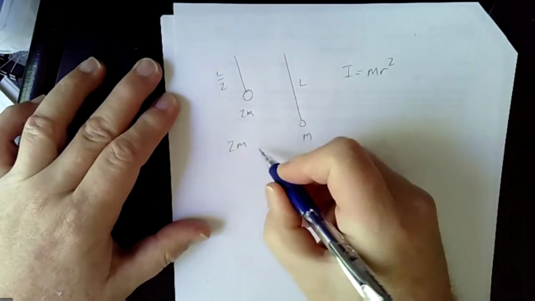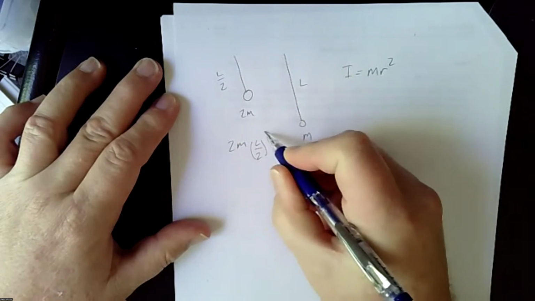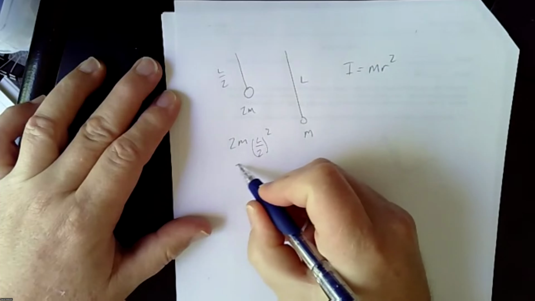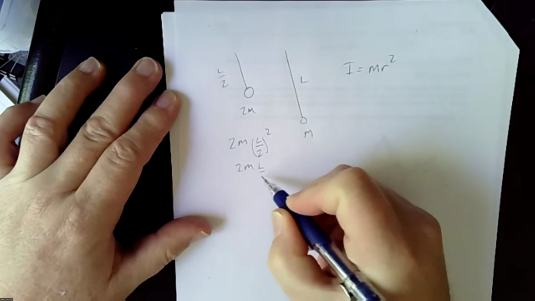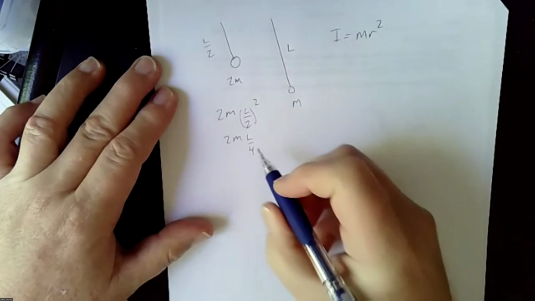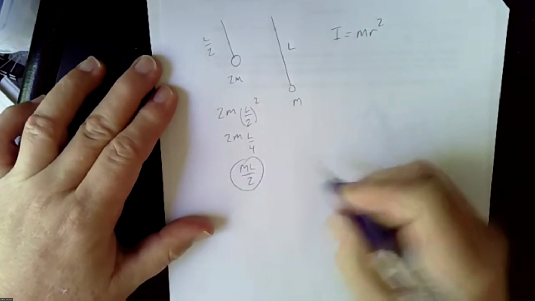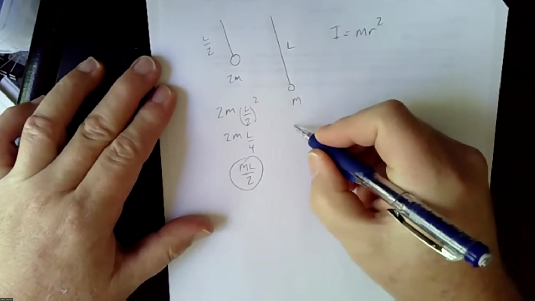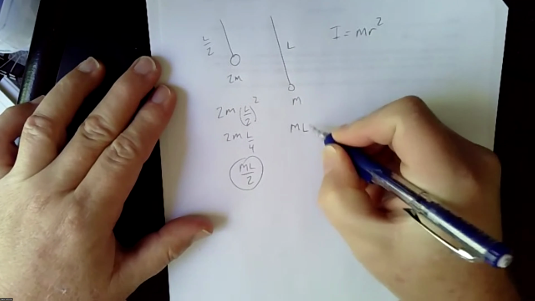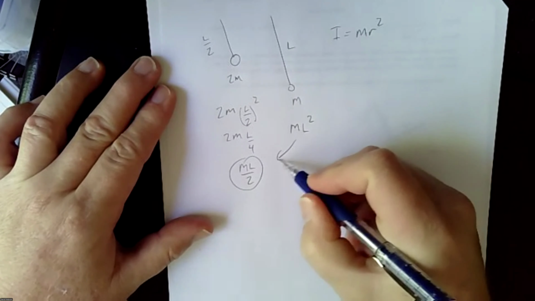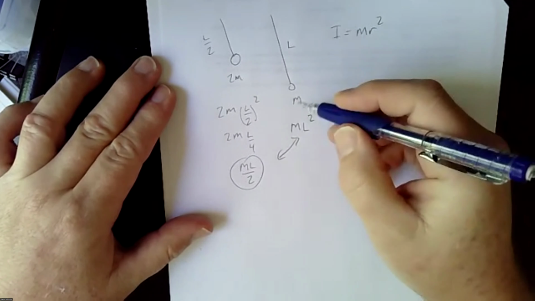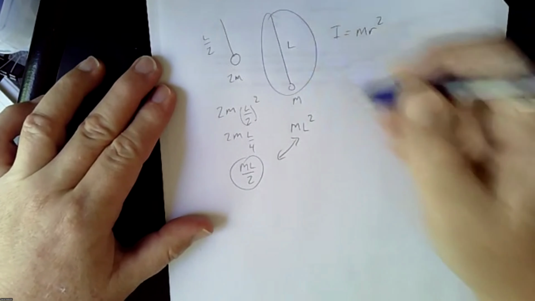This will be L, so it's L over 2 squared, which is essentially 2m L squared over 4, or just mL squared over 2, right? Whereas in this one, we have mL squared.